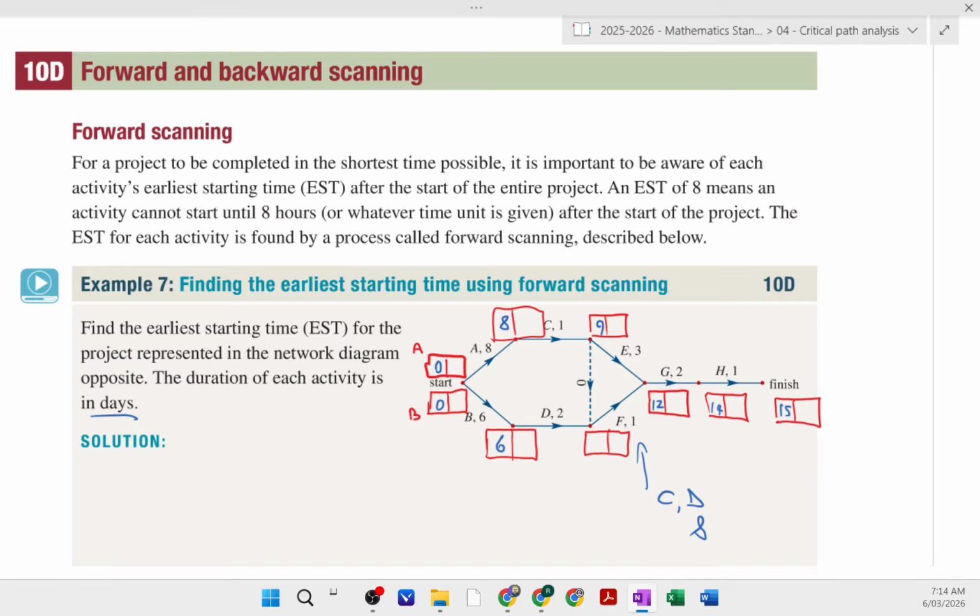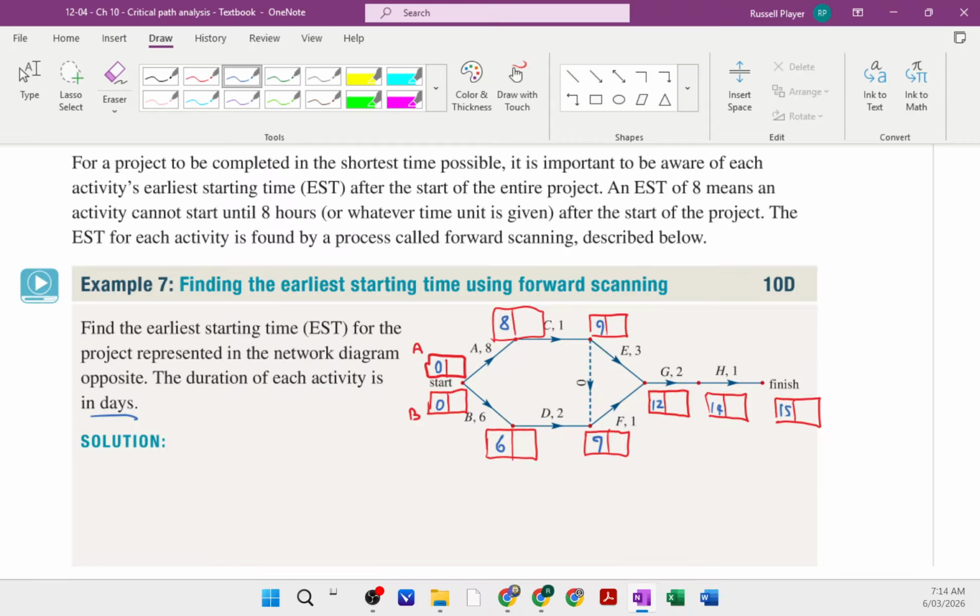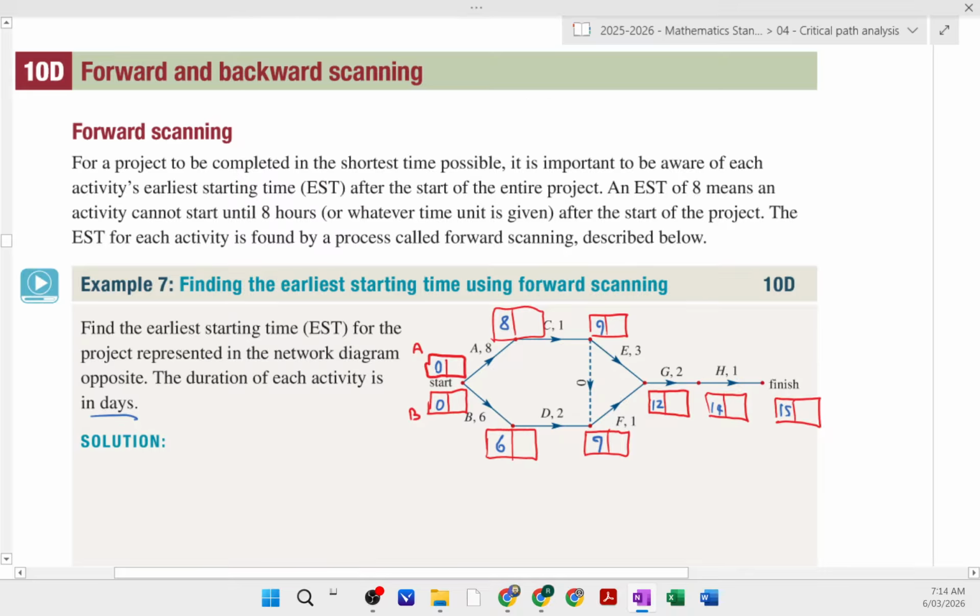E couldn't start until 9 because its earliest starting time was 9. Now, F is dependent on C as well. And so the earliest starting time after C is 9, which means the earliest starting time of F is also 9. Now, that may be a bit weird for you at the moment, but you followed this one and then this one, which you think would get you to 8, but F also requires this. It also requires that dummy activity from C.